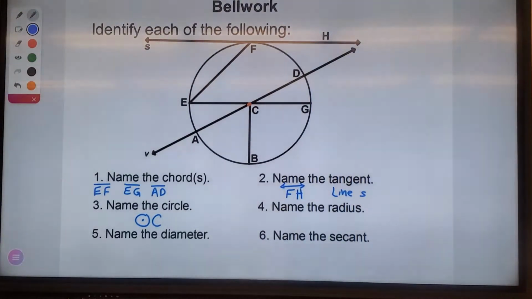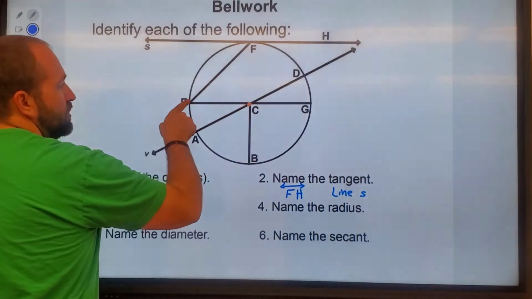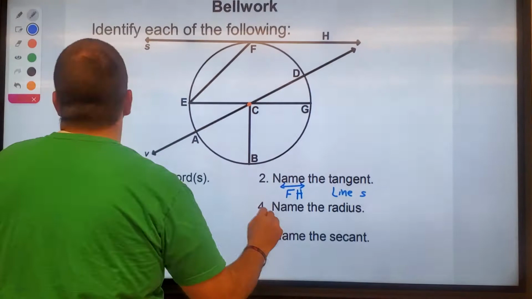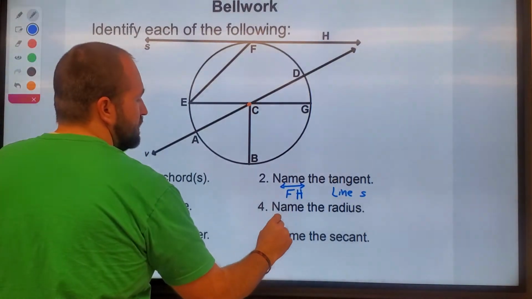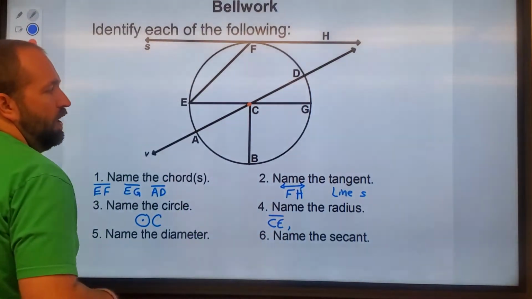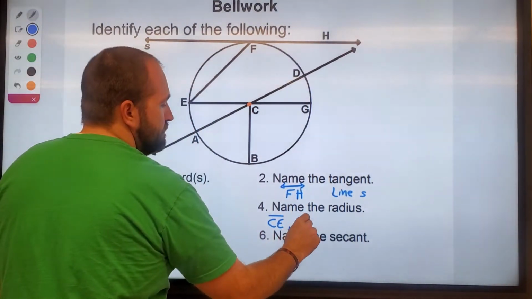Okay, here I did not say name the radii, so I'm not asking for all of them. However, I am going to list all of them that I see. Okay, so first one here, I'm just going to start here, and I'm going to work my way around. So here I have this line segment, which would be CE. I also have this line segment, which would be AC.